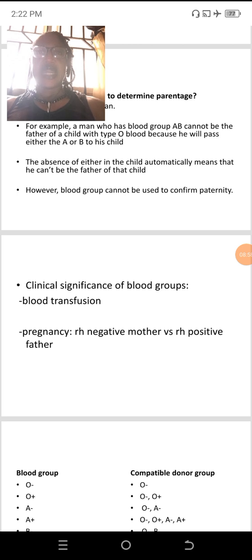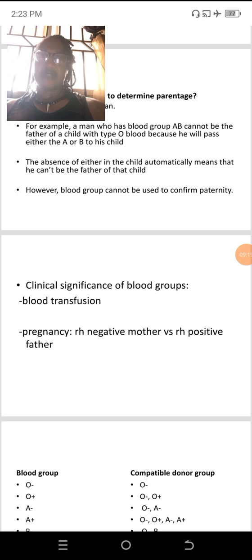And this can lead to serious complications. It can lead to anemia of the baby inside the womb. It can lead to premature delivery of the baby. It can even lead to the death of the baby. So it is a very serious condition.